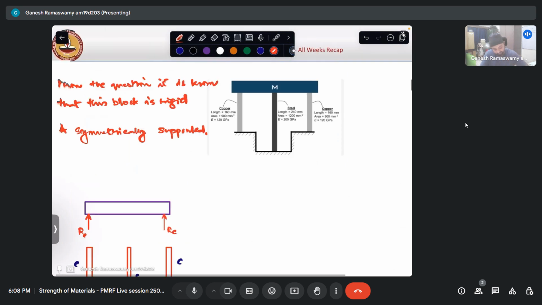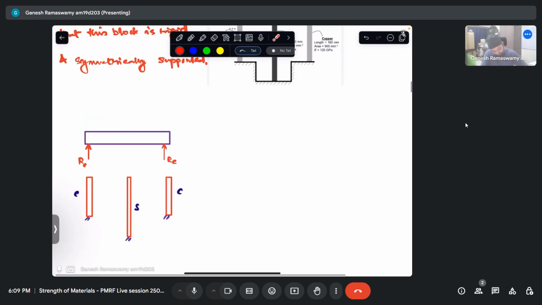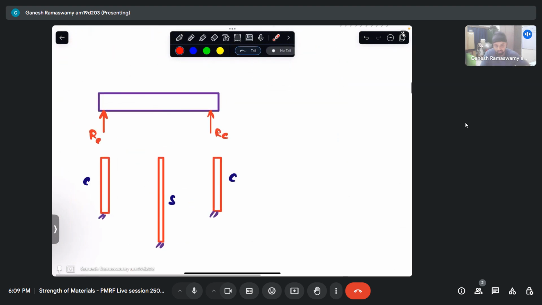Let us say if it was lopsided, if this block was extending like that, then naturally these two reactions will not be the same. But we have the recipe to find it out by our engineering mechanics. It is basic equilibrium of rigid bodies. So I'm exploiting the fact that the copper rods are symmetrically placed, by virtue of which these two are equal.